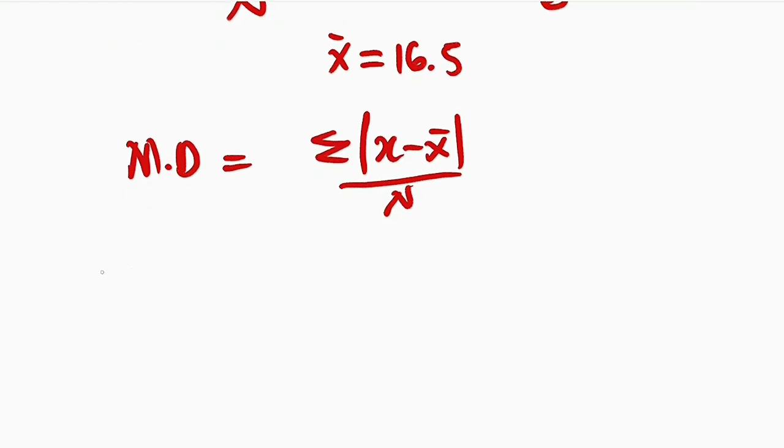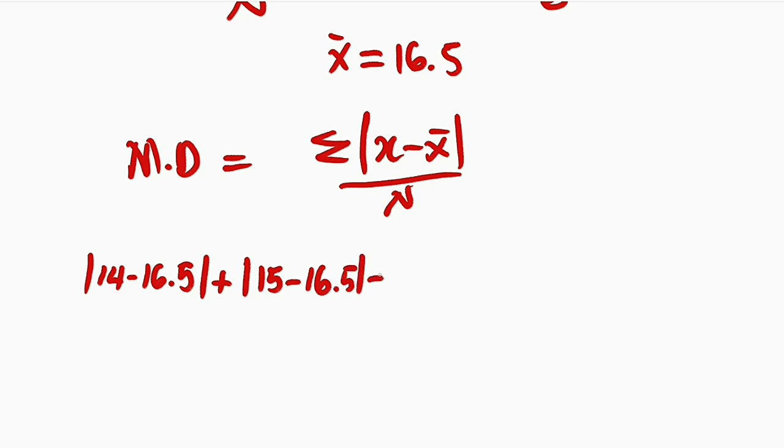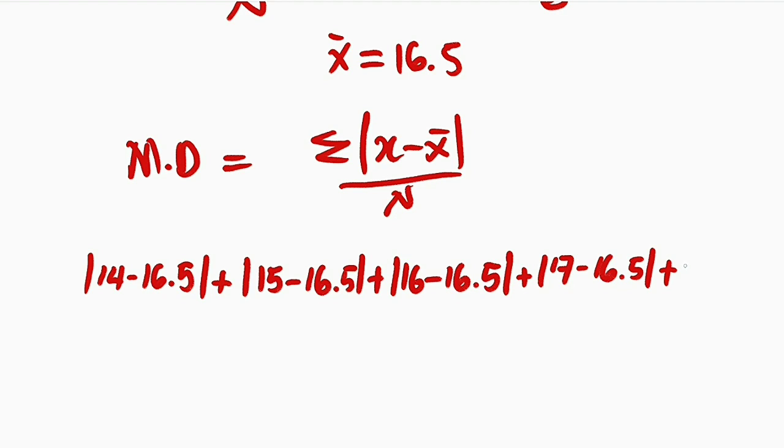So we have 14 minus the mean, which is 16.5, in absolute form, plus the next one, 15 minus 16.5, plus 16 minus 16.5, plus 17 minus 16.5, plus 18 minus 16.5, then the last one, plus 19 minus 16.5.